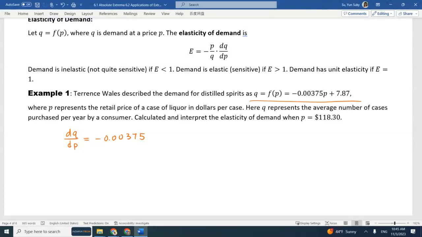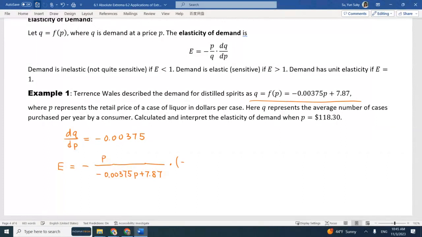Okay, so now we plug in. Negative P, so P is P, right? But Q, look at this. Q is negative 0.00375 P plus 7.87. Is that okay, everybody? This is P over Q times the derivative.